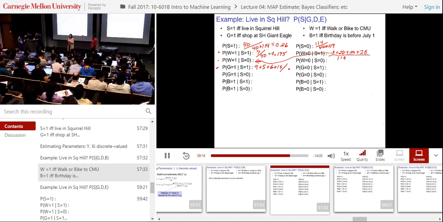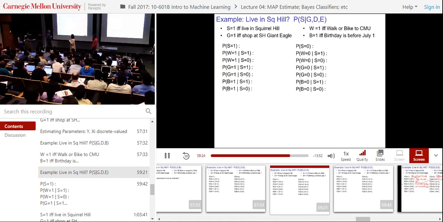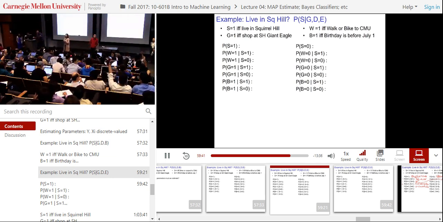And again, this is given that you do live in Squirrel Hill, which is 40 people. And almost finally, if you don't live in Squirrel Hill and you have shopped at Giant Eagle since July 1st, please raise your hand. Six.